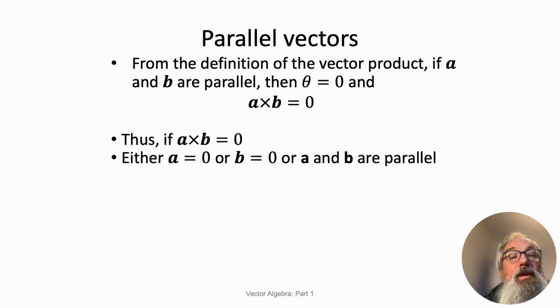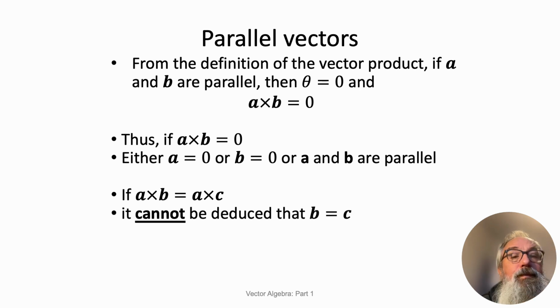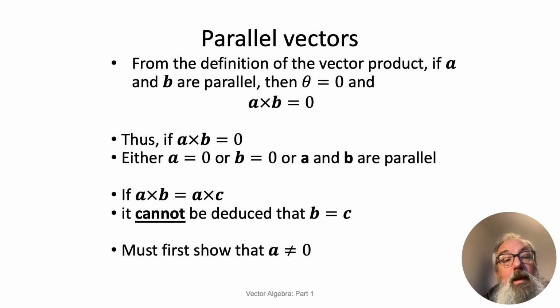Thus, if A cross B equals 0, either A or B equals 0 or A and B are parallel. And we need to check whether A or B are 0 or not. If A cross B equals A cross C, then we can't deduce that B equals C, because we need to check that A is not 0.